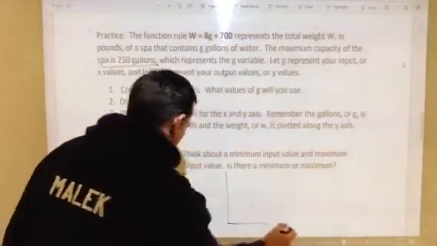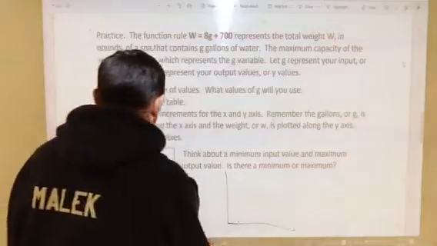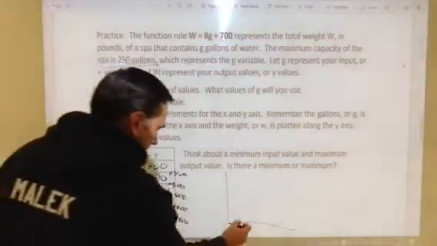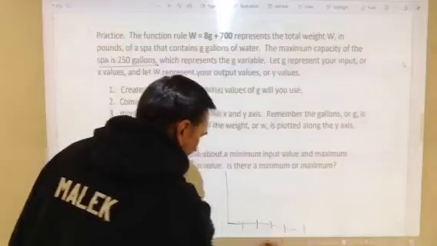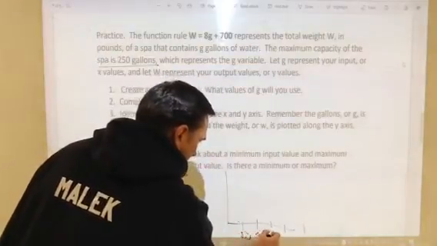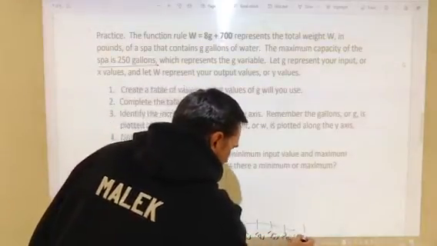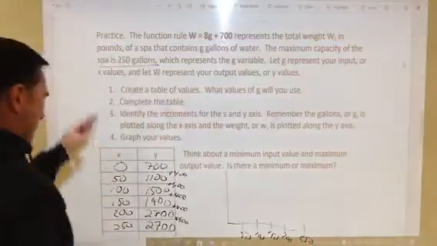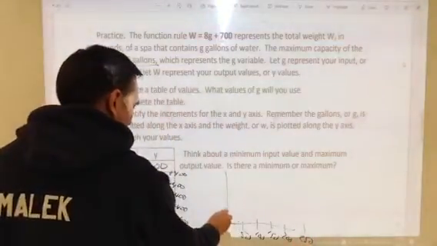And again, if we're graphing this, I might go up by 50s here, and here I'm going up by maybe 500s.